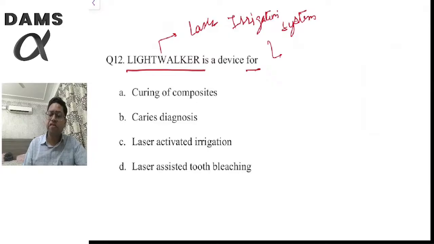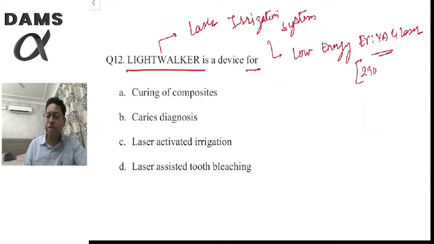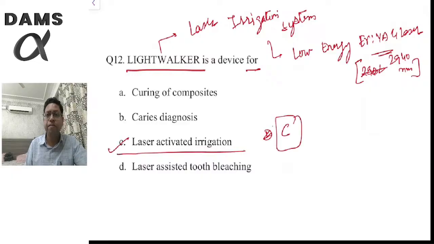Okay, it uses a low energy erbium YAG laser. What is the wavelength of erbium YAG laser? 2940 nanometer. We have just seen in the above question. And it is important for you to remember the wavelengths also of these commonly used lasers. Okay, so it is used for laser activated irrigation of the root canals. Option C would be the answer.